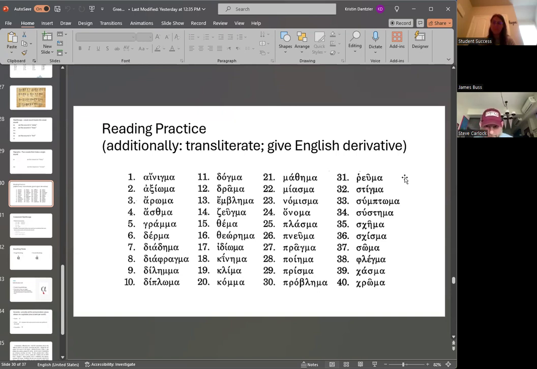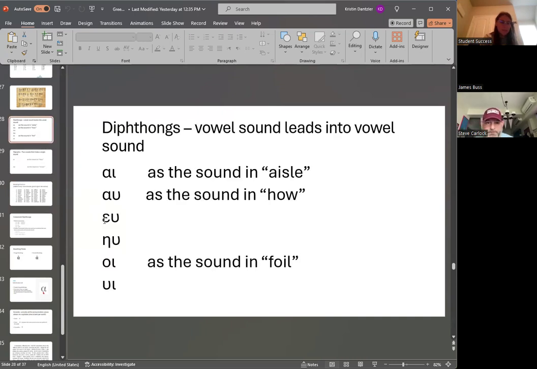Mu and Alpha. Good. So Rema. Oh, very close. Rheuma. For this particular diphthong, I don't have one because we don't really have an equivalent in English. A lot of times people just simplify it and make it kind of an ooh sound.